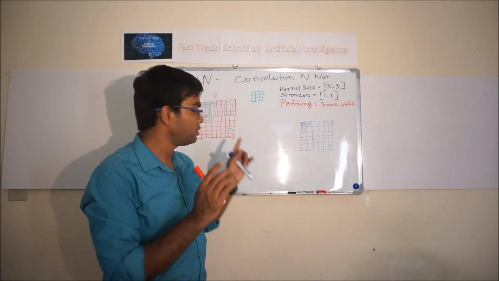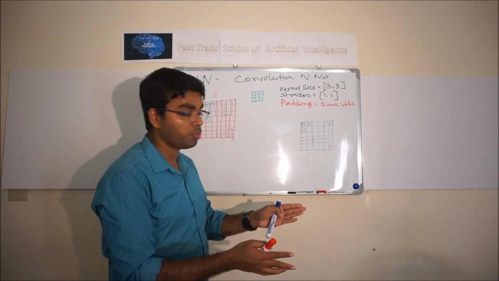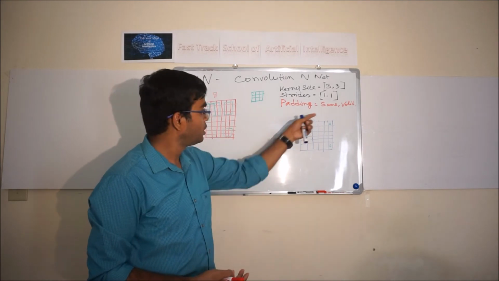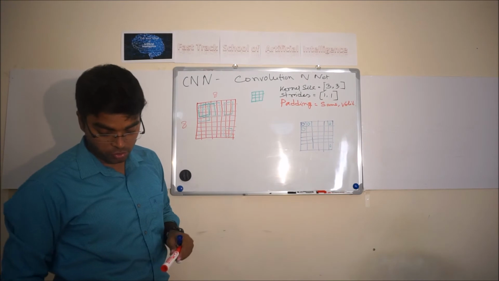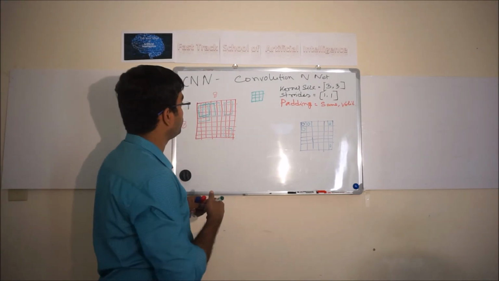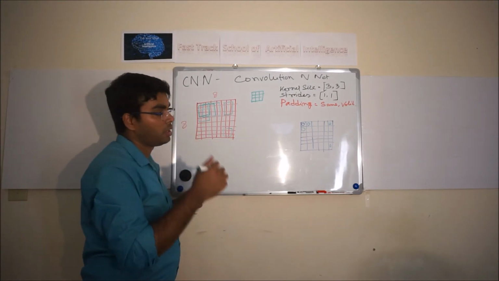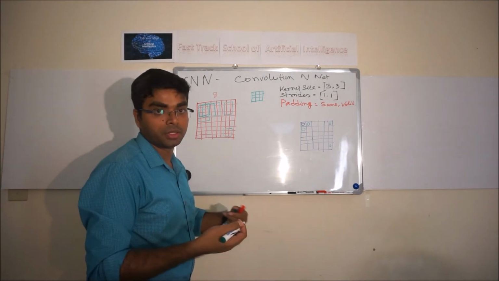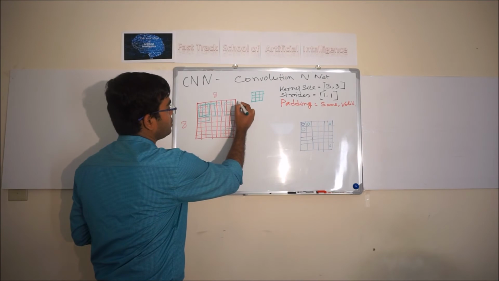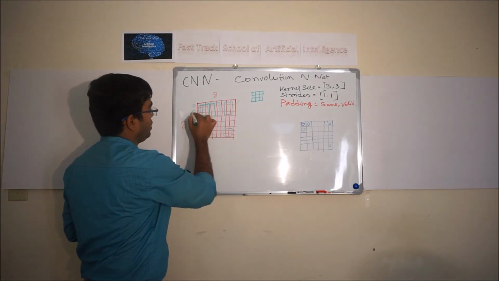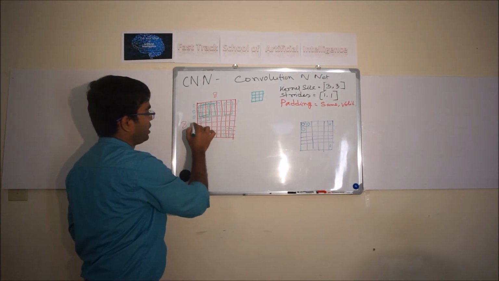If you want the same size image as output from the transformation, you have to mention the padding as same. In that case, it is going to create some pseudo rows and columns of values. There are other mechanisms, but for simplicity, let's assume it adds 0 as the first row and so on.